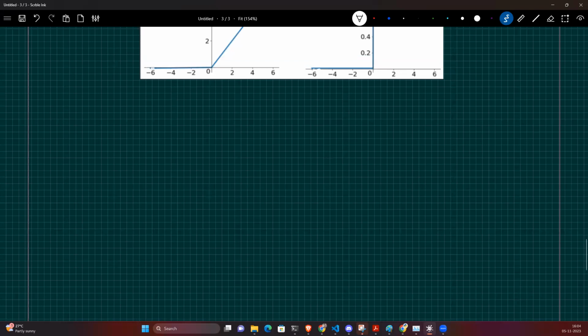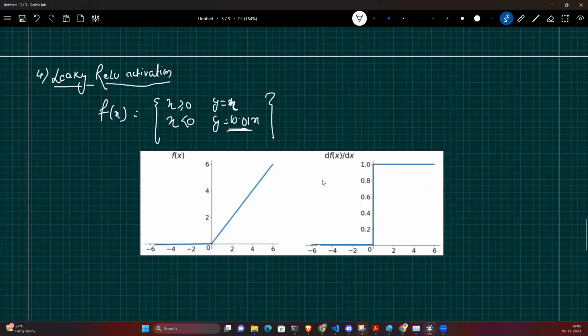Good. Any question in this? If it is passing through 0, then our y won't be 0.01, it will be 0. If the value of x is 0, then the first condition will get matched, and in that case y is equal to 0.